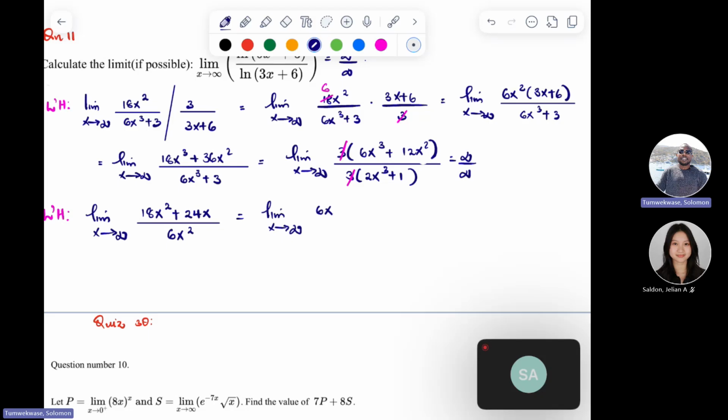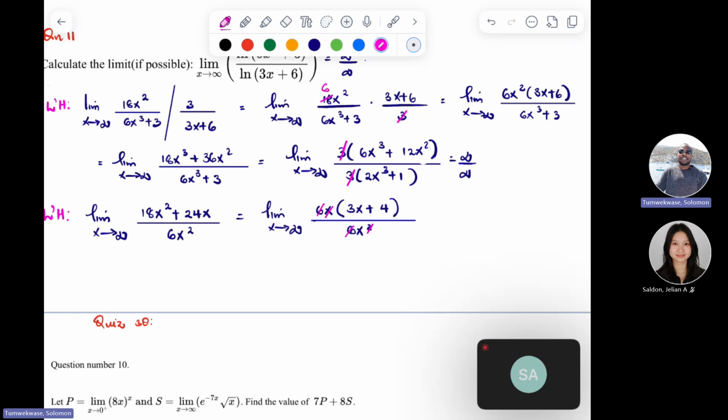I can pull out 6x, and inside I'll remain with 3x plus 4, and then over 6x squared. The 6 can go, and the x can reduce this x by 1.